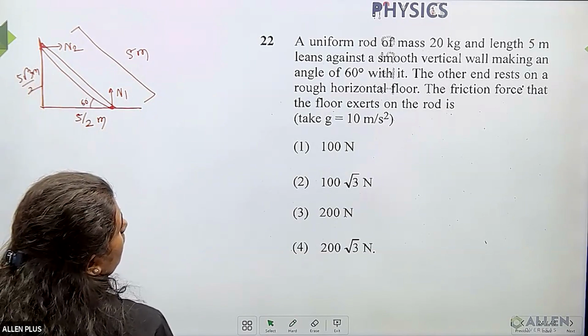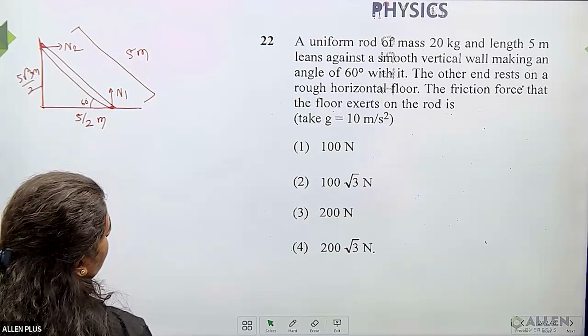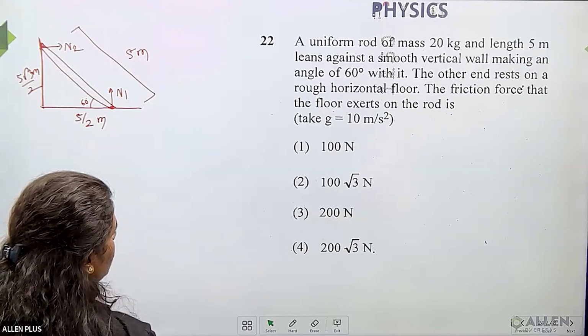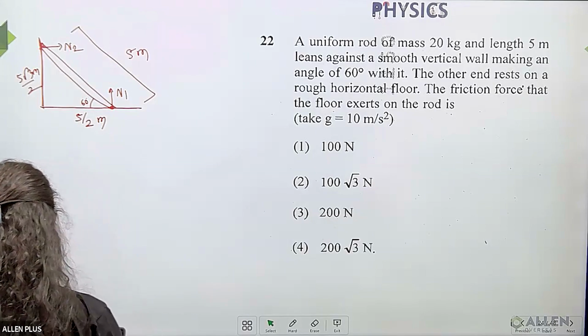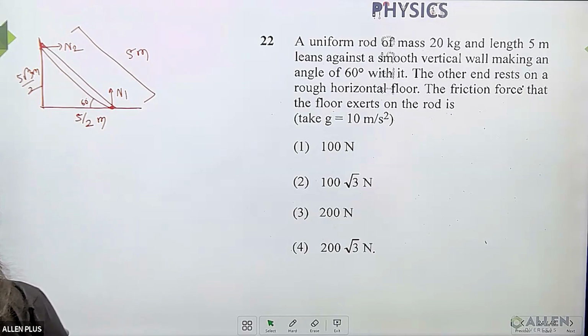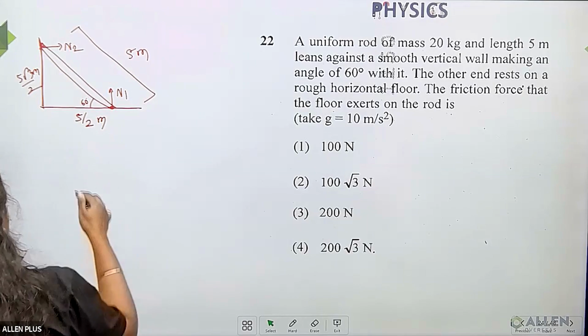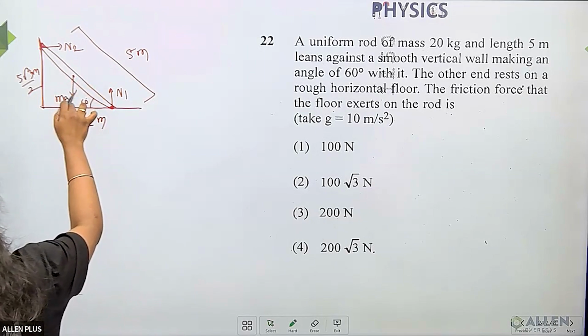So the body is resting on the rough horizontal floor. The friction force that the floor exerts on the rod is going to be. What we can do is apply the torque method over here. From the center of the mass, mg downward.